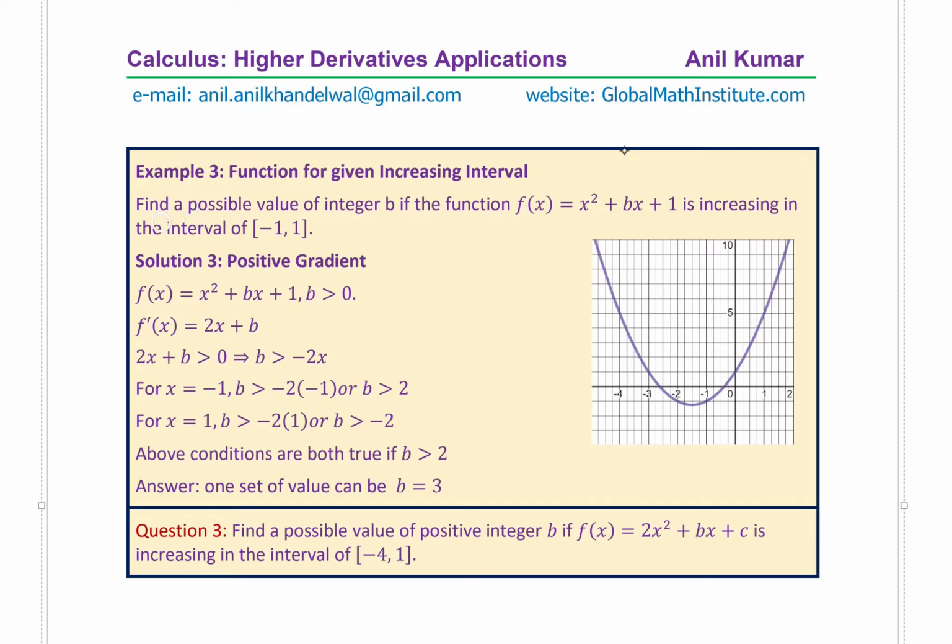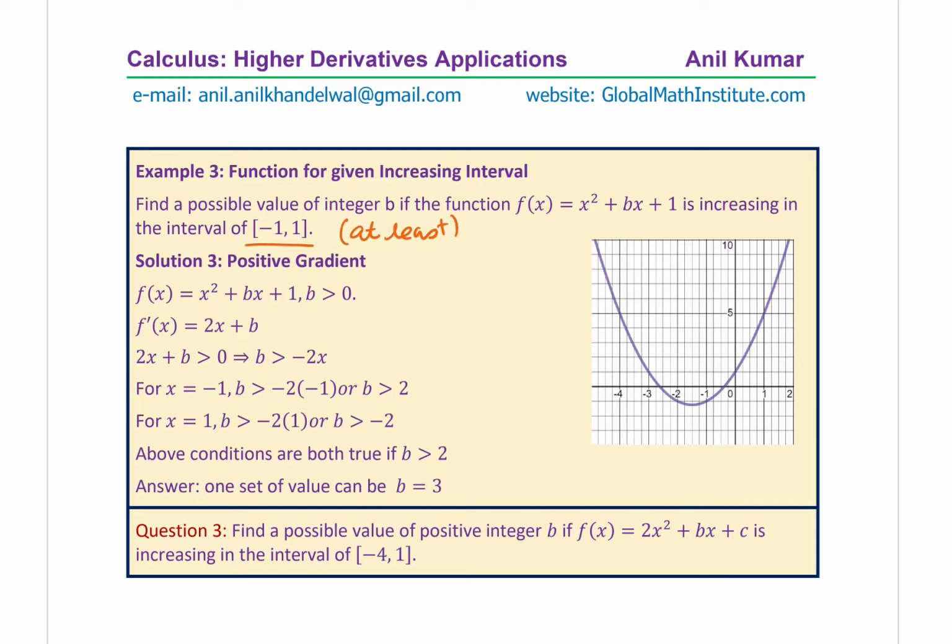The question is, find a possible value of integer b if the function f of x equals x squared plus bx plus 1 is increasing in the interval -1 to 1. So when you are given such a condition, think like it is increasing at least in this interval. Is that clear to you?